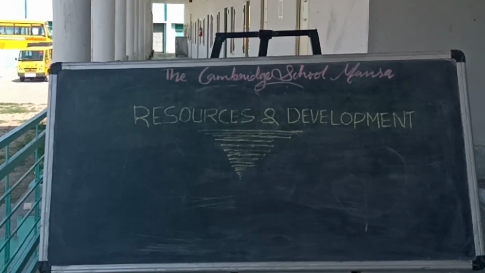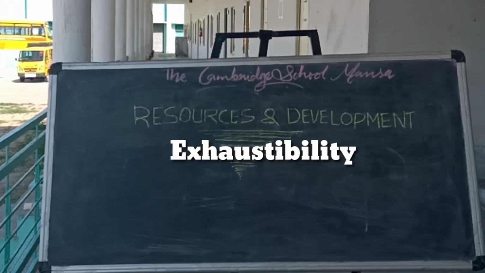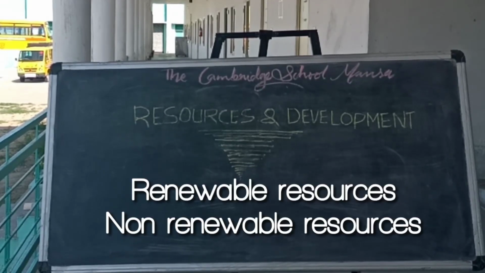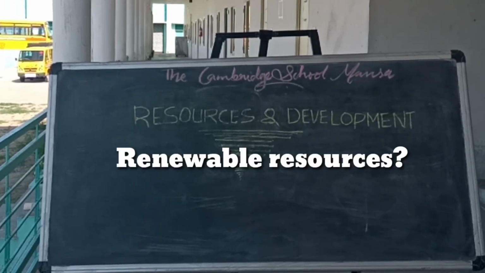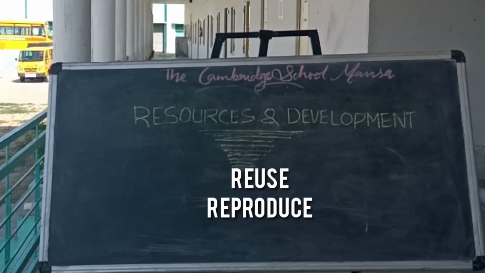Now let us move to the next part. On the basis of exhaustibility, resources are divided into two parts: one is renewable and two is non-renewable. What are renewable resources? Renewable resources are the things which can be reused or reproduced by physical, chemical or mechanical processes.